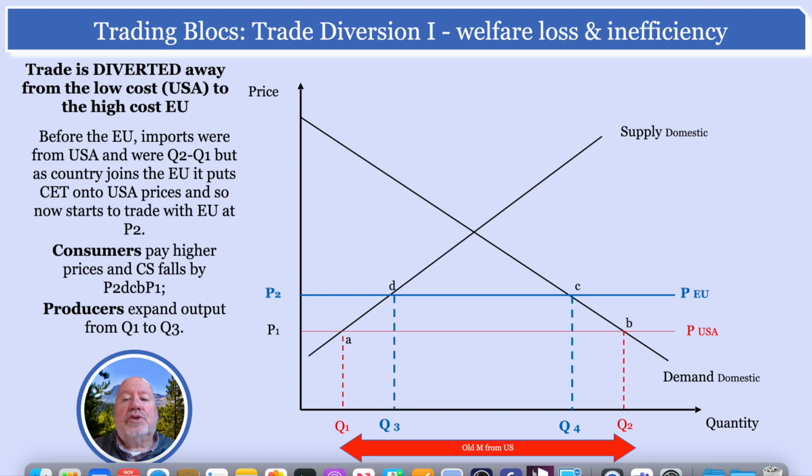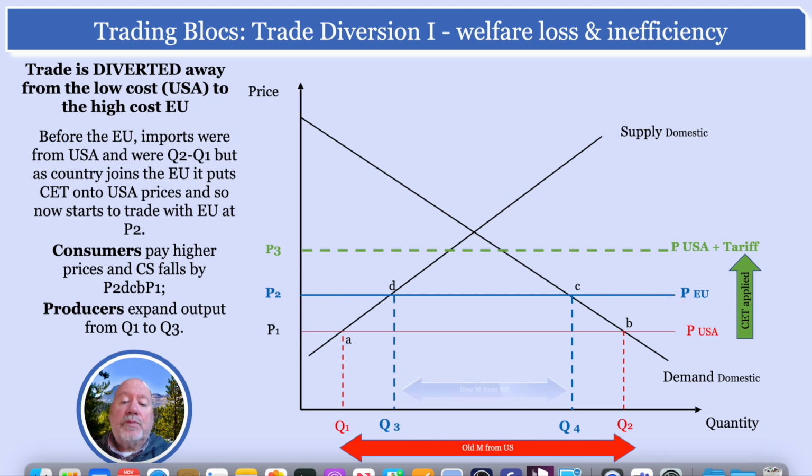Then, because we join the customs union, we have to put a common external tariff on the US trucks, and so the USA price plus the tariff is now higher than the European price, so therefore we will import our goods from the EU. Here, we were buying them from the USA, we're now buying them from the EU.